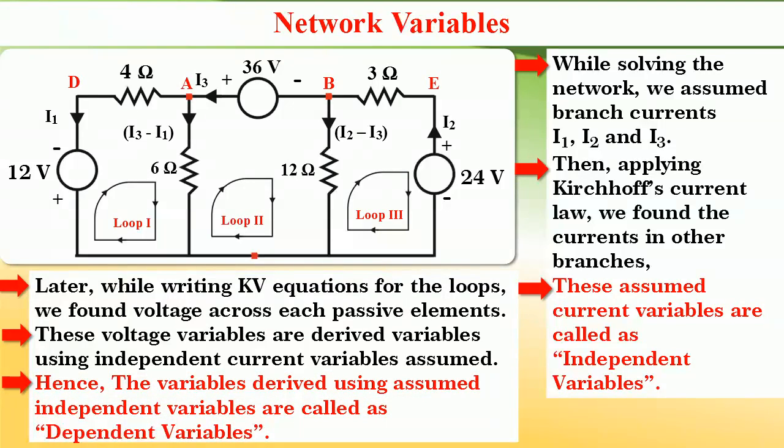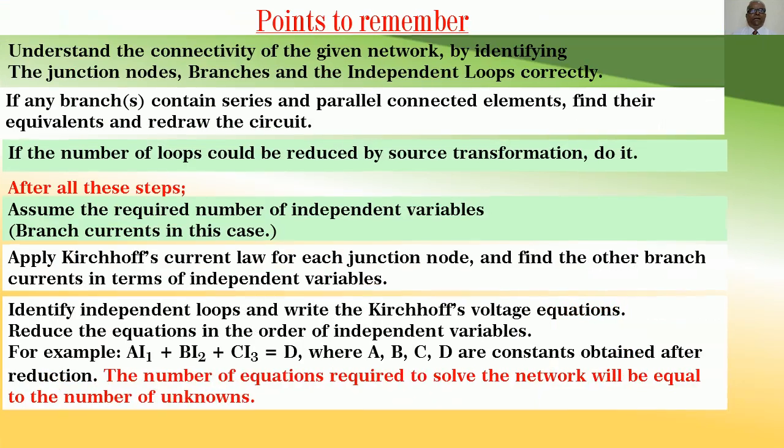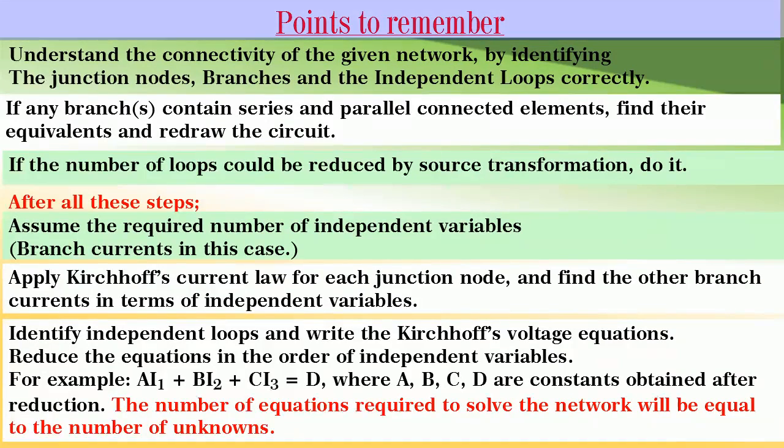Now you have understood what are independent variables, dependent variables, current variables, and voltage variables. Friends, now let me tell you the points to remember and recall before you solve any network.